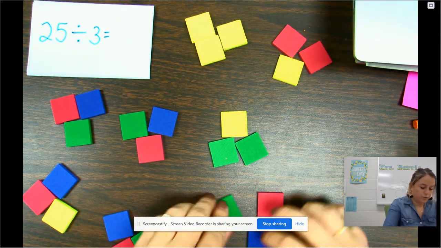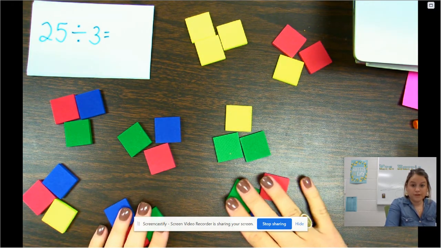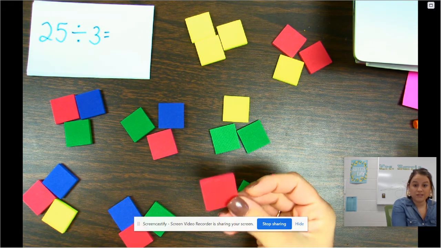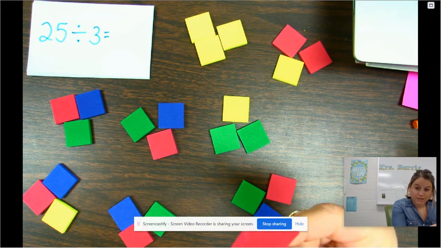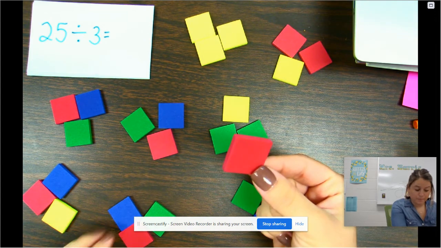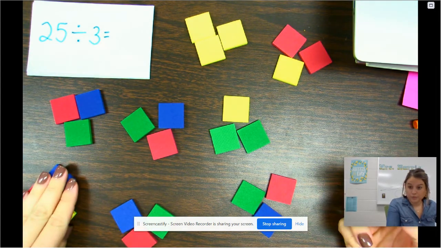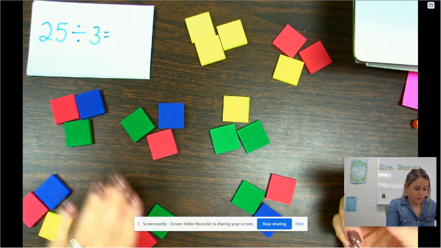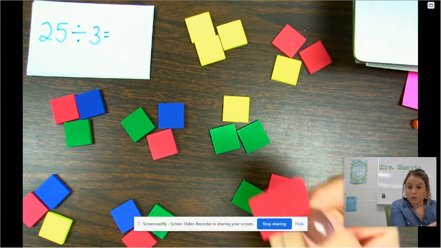Okay, so I've made all my groups of 3, and now I have 1 tile left. I can't make another group of 3. So this tile that's left over, this is my remainder. Now I can see 25 divided by 3 is, how many groups do I have? 1, 2, 3, 4, 5, 6, 7, 8. 8, remainder 1.